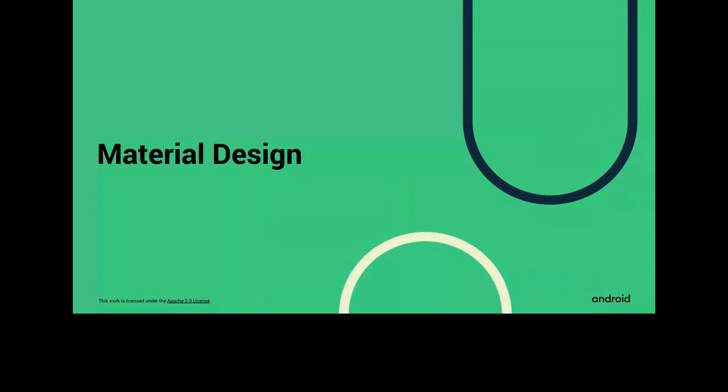Okay, so second to last topic, material design. I'm not really going to cover a lot of information about material design because it is its own talk in and of itself, but I do know that they covered it as a topic for this session. So material design is basically a design language. It's common UI components that you can use to represent different things that your app wants to present to the user.